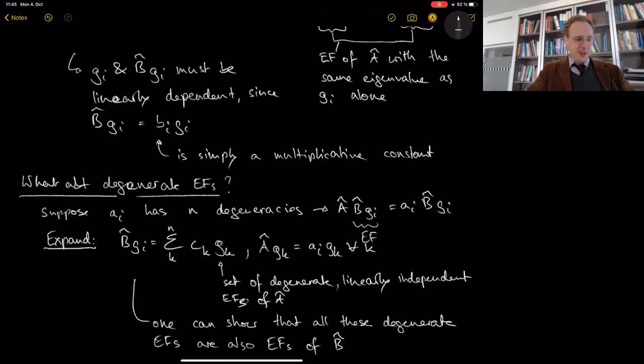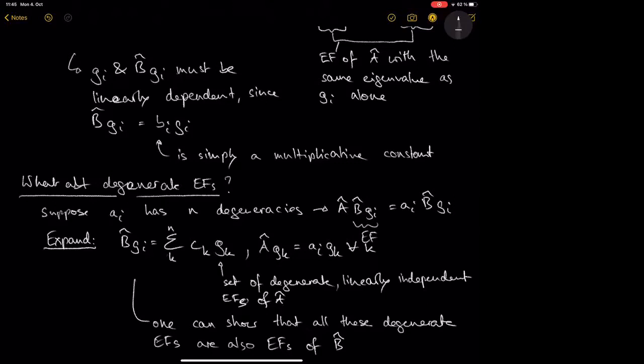Okay, are there any questions? Yes, I don't think I understood what you meant in the above section. GI and BGI must be linearly dependent.